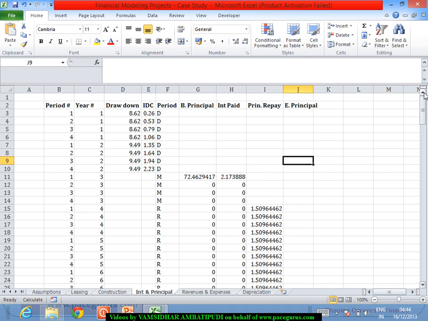So this is the principal repayment corresponding to each of the years, and we know that the principal repayment is primarily applicable only in the repayment period, not during the moratorium period.